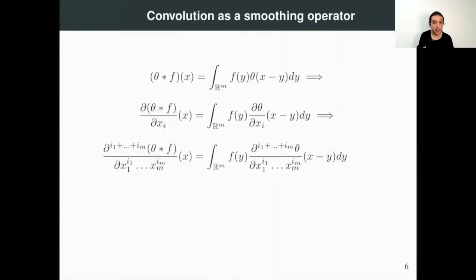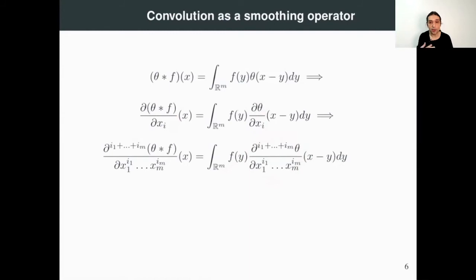And in R^m, by using a completely analogous argument, we have that this derivative over here, the derivative with respect to x1 i_1 times, x2 i_2 times, and so on till x_m i_m times, is indeed the convolution of f and the analogous derivative of theta, right?